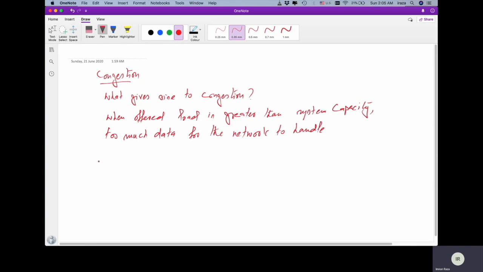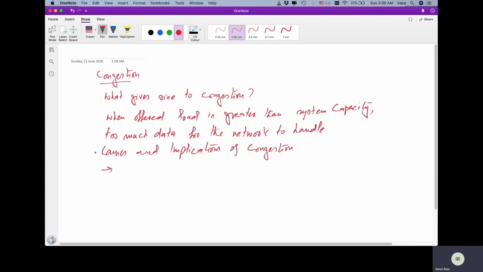But the next question is, what are the causes and implications of congestion? Why does congestion exactly happen?